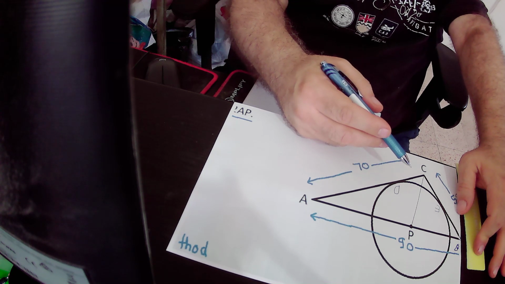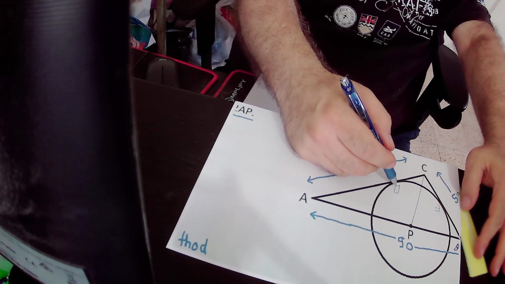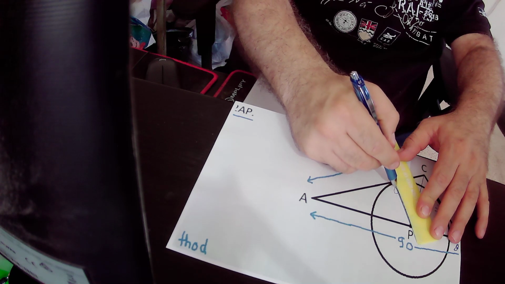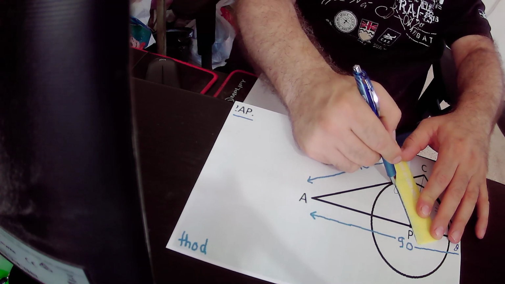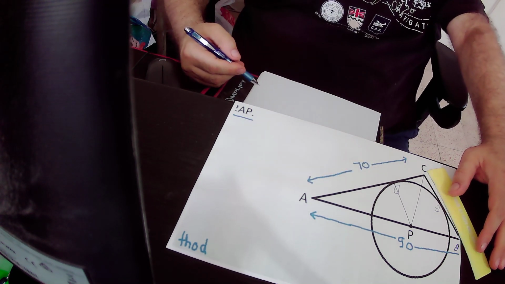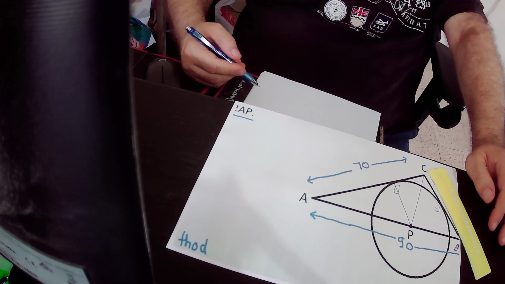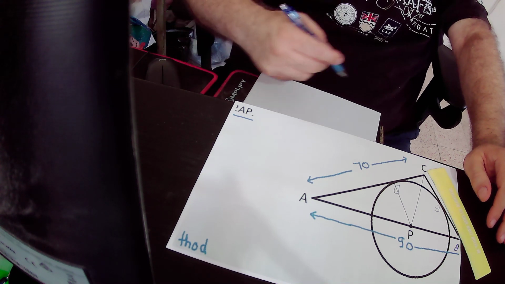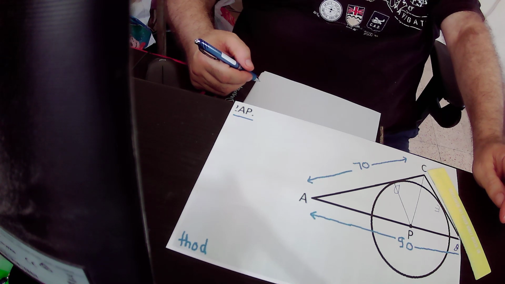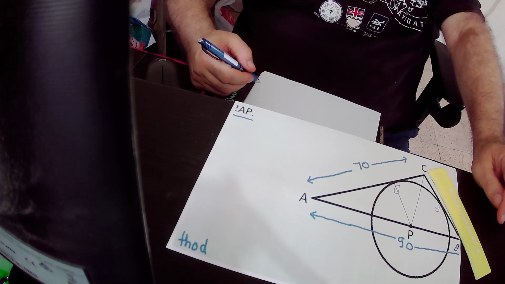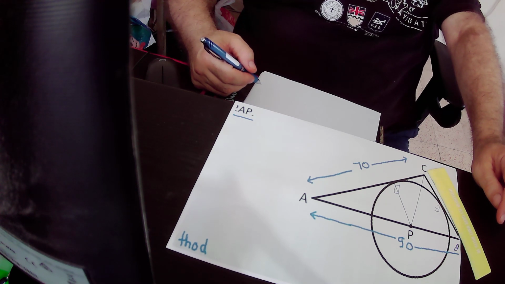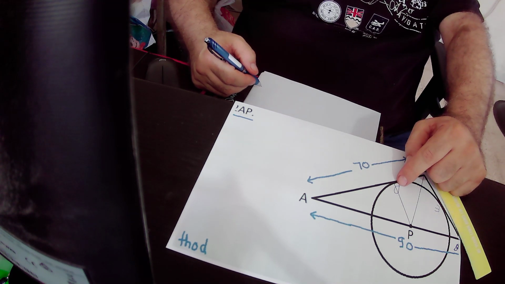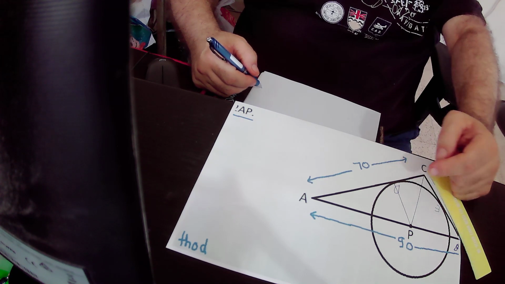We also connect points P and D. So actually PD is the radius of the circle, because it is a line that starts from the center of the circle and touches the circle.